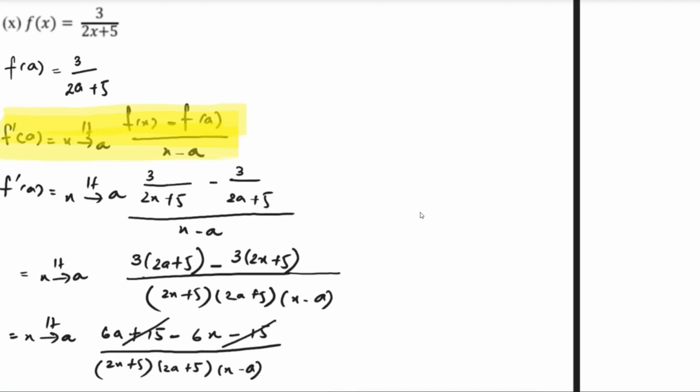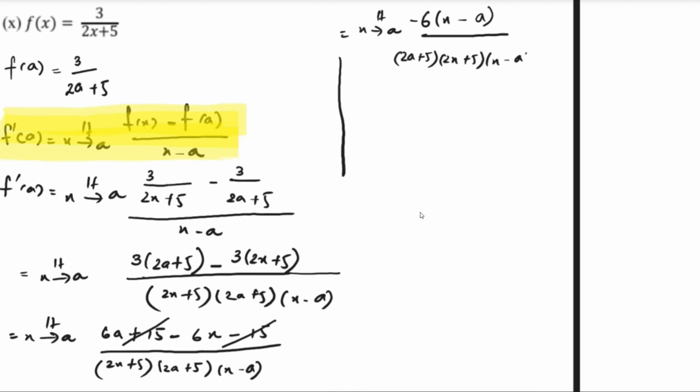Plus 15 and minus 15 is cancelled. So here the remaining is 6a minus 6x. If we take minus 6 common, then it would be x minus a, and 2a plus 5, 2x plus 5 and x minus a.